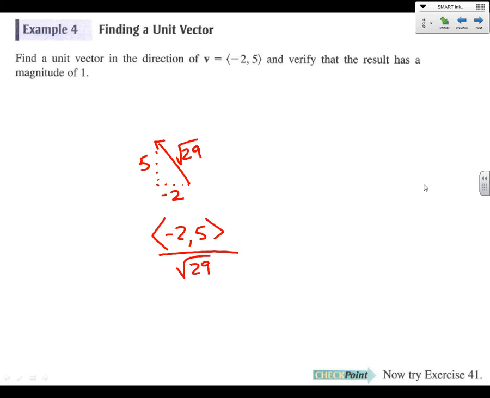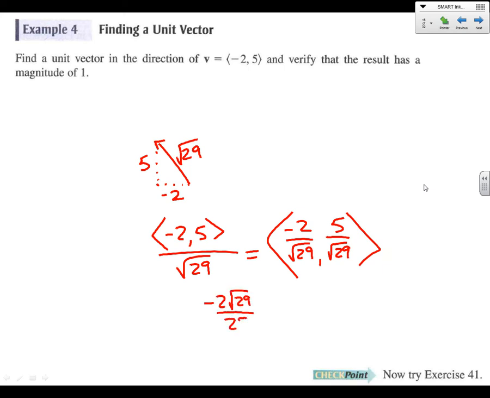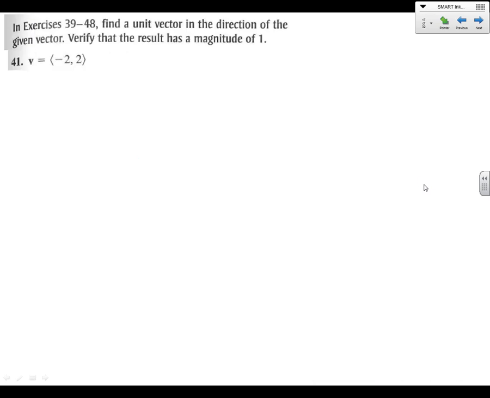And just like always, we need to rationalize our denominator. Negative 2 root 29 over 29 comma 5 root 29 over 29. And that would be your unit vector. Try problem 41.